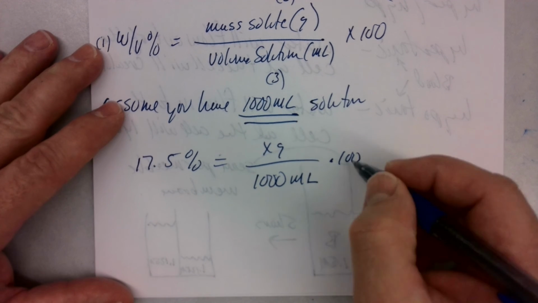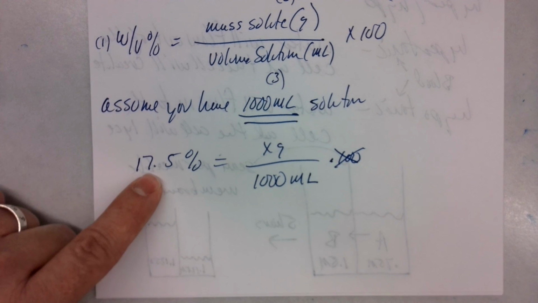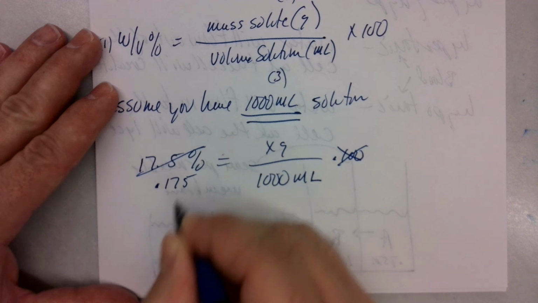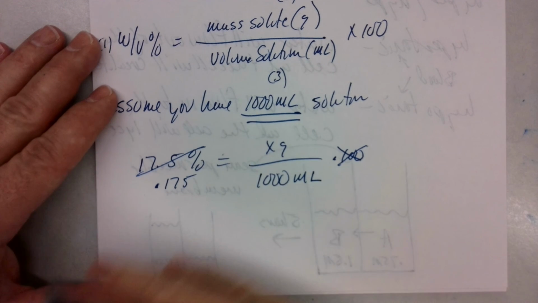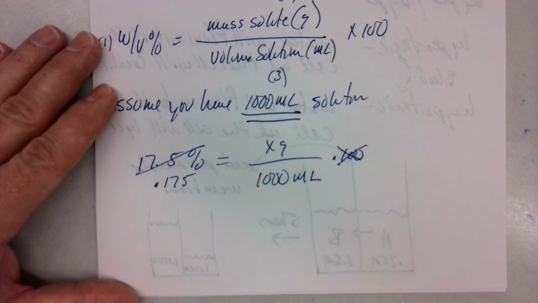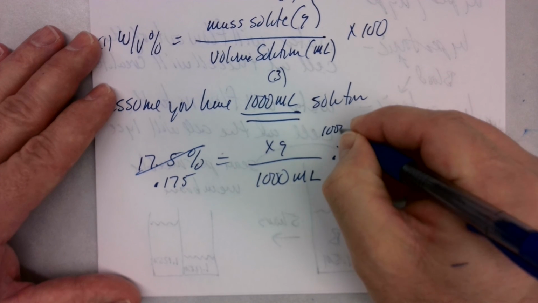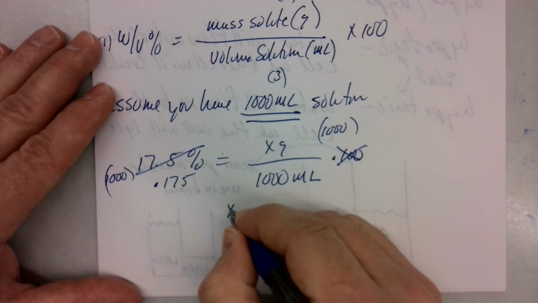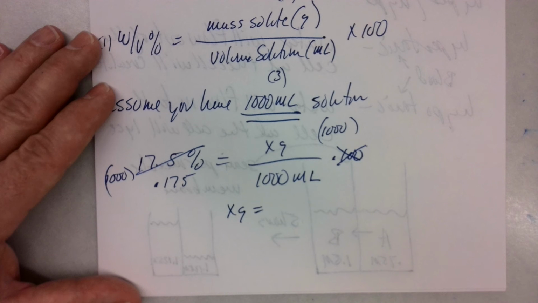That 100 just makes this 0.175, just like I divided that 100 over. Now what am I going to do to solve for X? I'm going to times it by 1,000, times it by 1,000. That's going to tell me that X grams is equal to what?